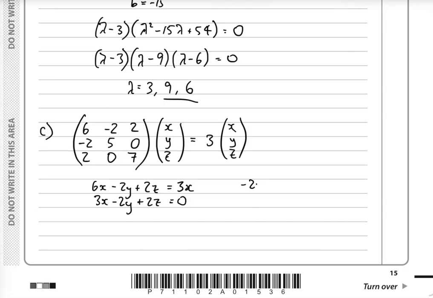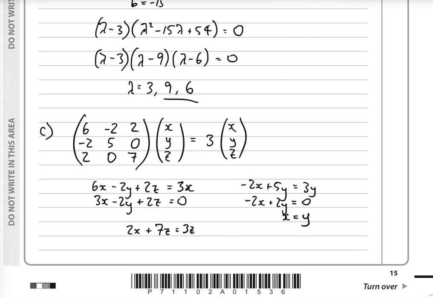We've also got minus 2x plus 5y plus 0z equals 3y. Minus 2x plus 2y equals 0, so x must equal y. And 2x plus 0y plus 7z equals 3z.